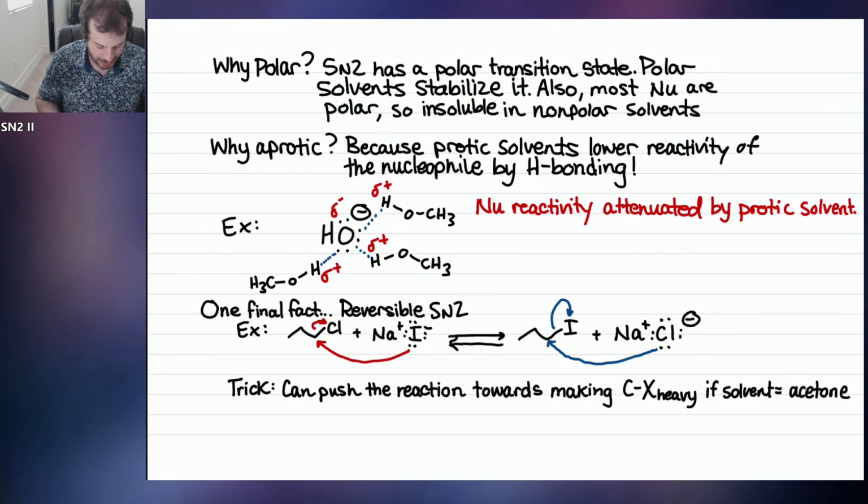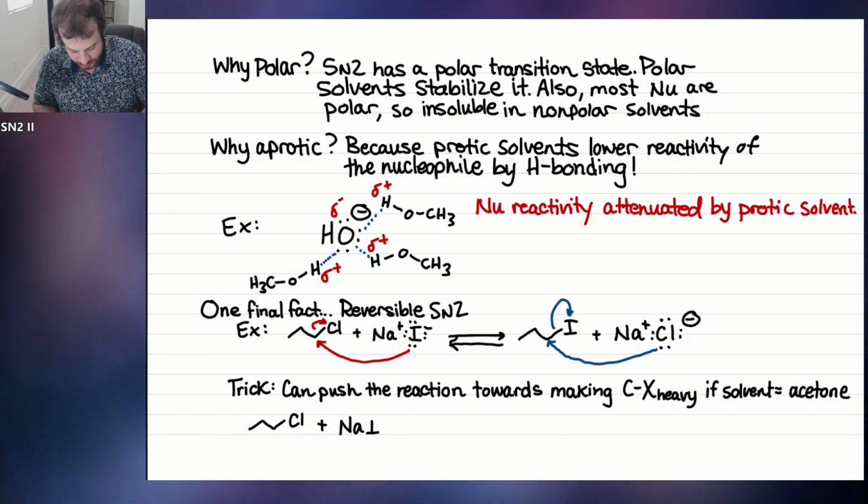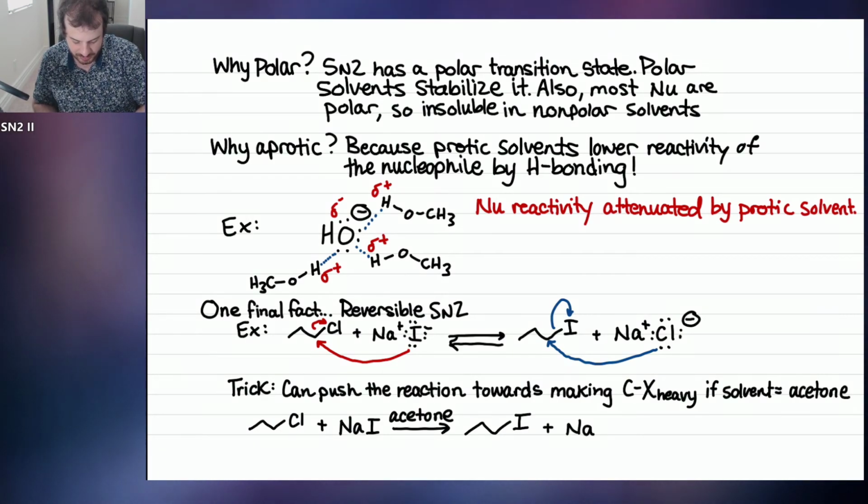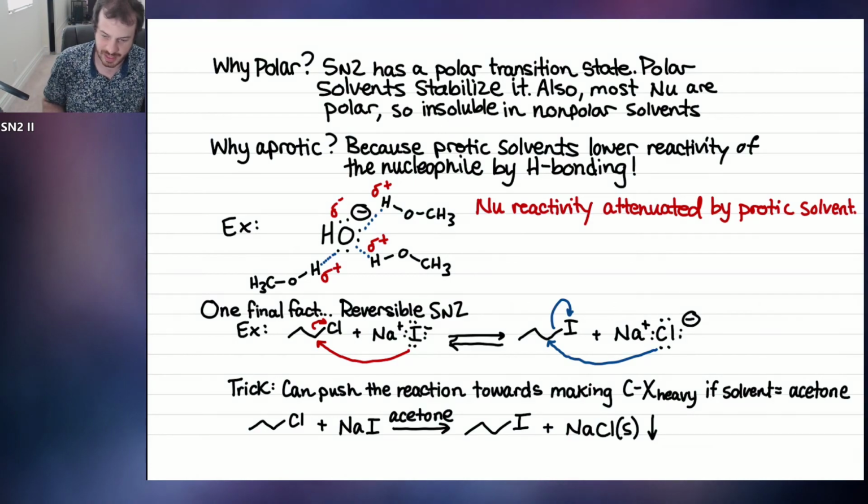And let me show you what happens here. So we'll take our propyl chloride and we'll add sodium iodide. And we'll do the reaction in acetone solvent. We'll get the same product, the propyl iodide plus NaCl. Well, it turns out that NaCl is not soluble in acetone, so it precipitates out as a solid.